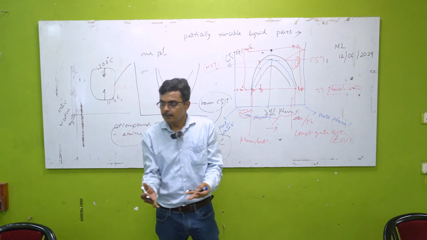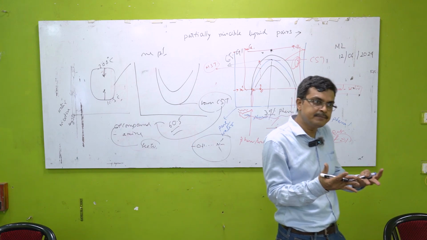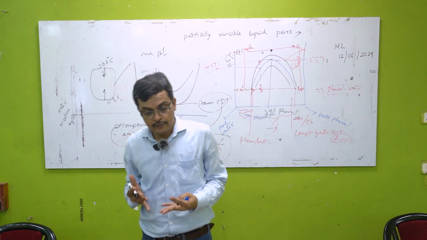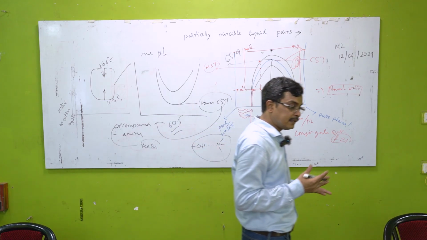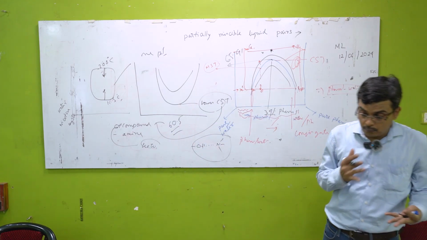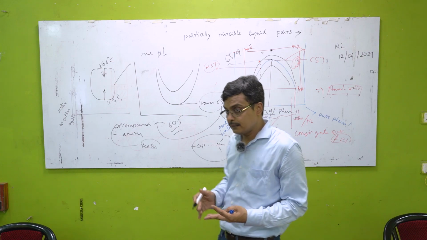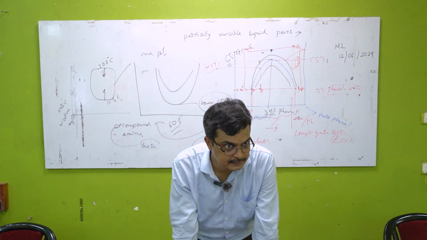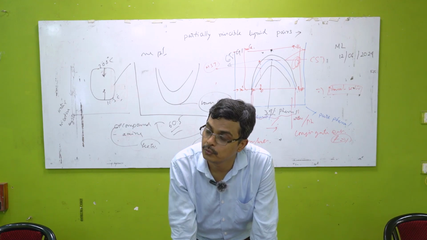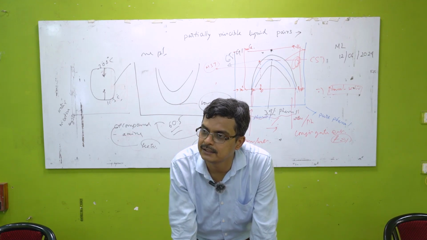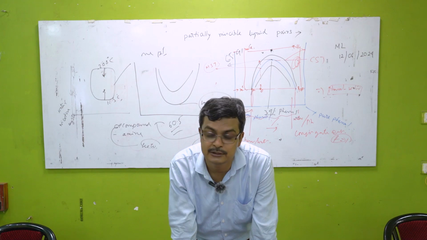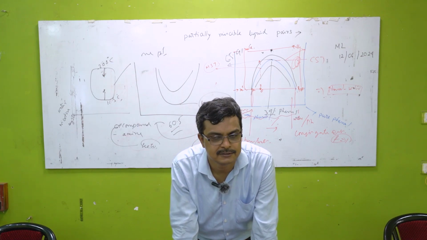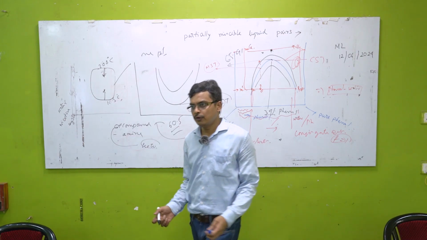So before you achieve lower CST, they freeze. So where the boiling points are lower than the critical solution temperature, you never find upper CST, and where the lower critical solution temperature is lower than the freezing point, you do not get lower CST.